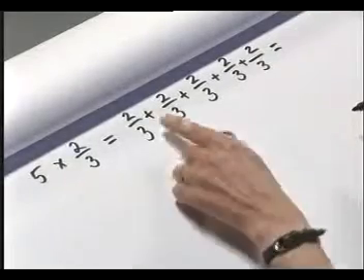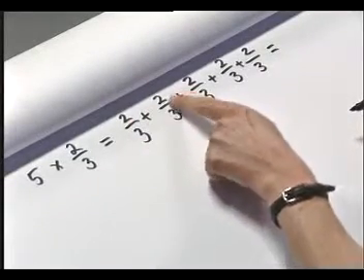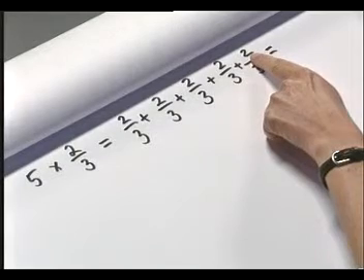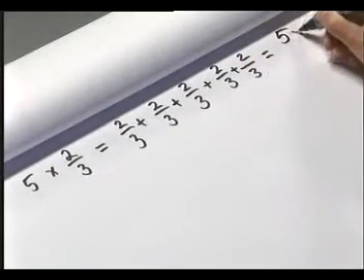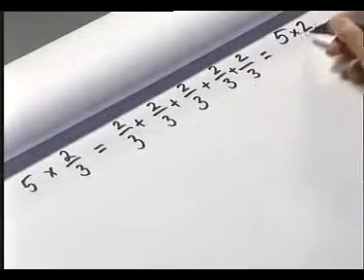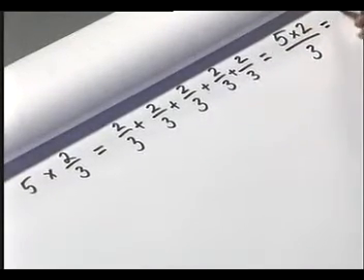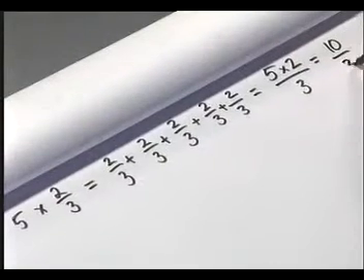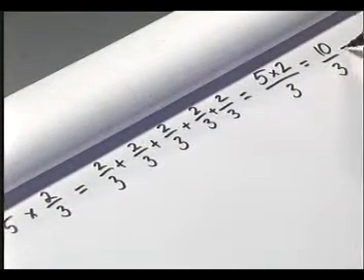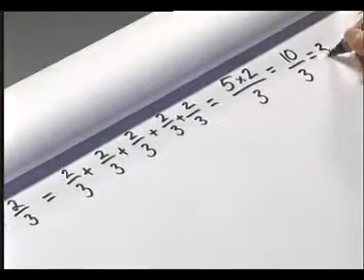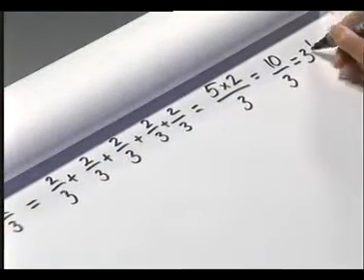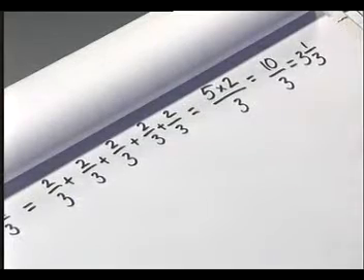So what we have here is 2 plus 2 plus 2 plus 2 plus 2, or actually 5 times 2 thirds. So we've got 10 thirds. And 10 thirds, if we write it as a mixed fraction, is 3 whole ones, as 3 threes are 9, and 1/3 left over.